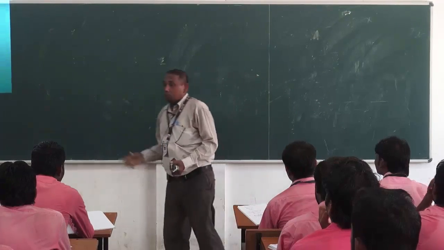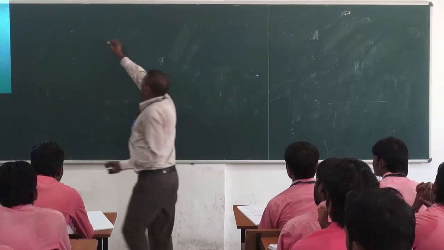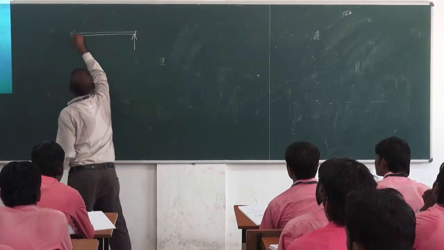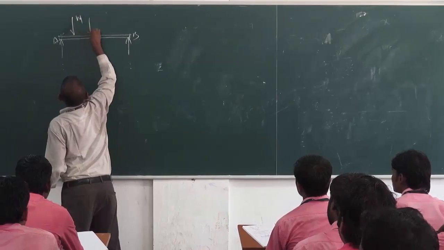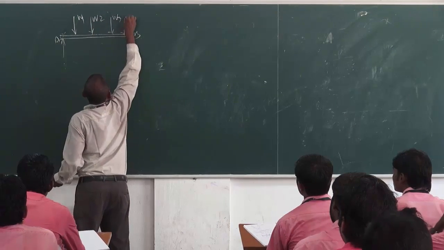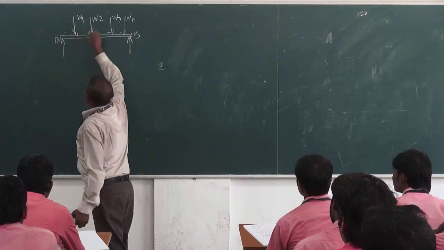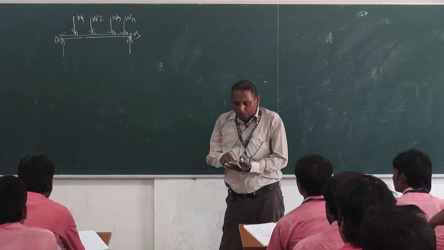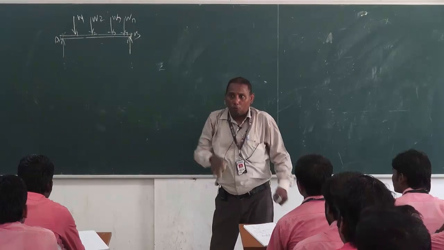So what is Castigliano's theorem? The statement is like this. Suppose this is a simply supported beam AB. Many loads are acting, W1, W2, W3, up to Wn, at points 1, 2, 3, 4. Under the action of these transverse loads, the beam will deflect down.